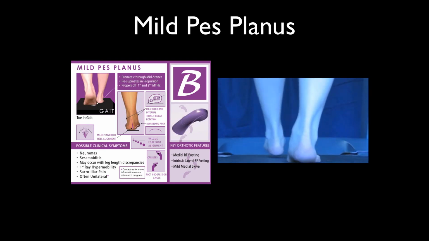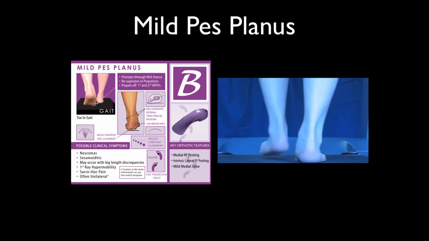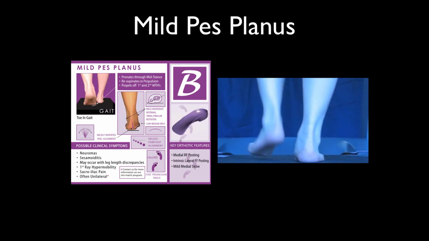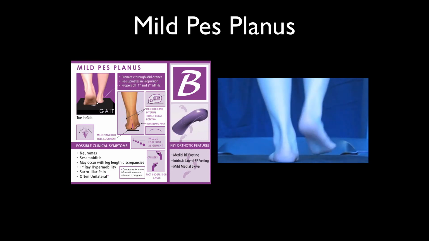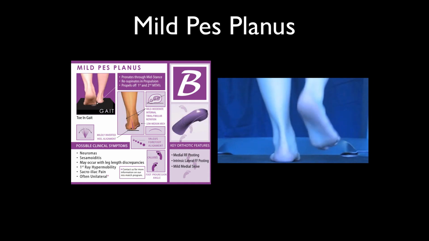The next category is the mild pes planus. Mild pes planus most often presents as a low to medium arch, mildly inverted rear foot, forefoot valgus, and moderately externally rotated tib-fib alignment.